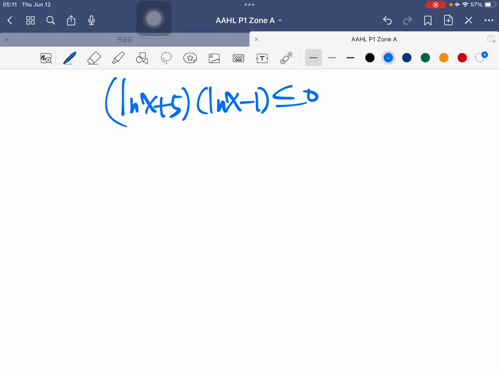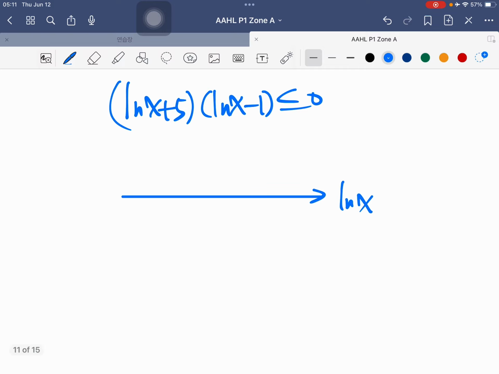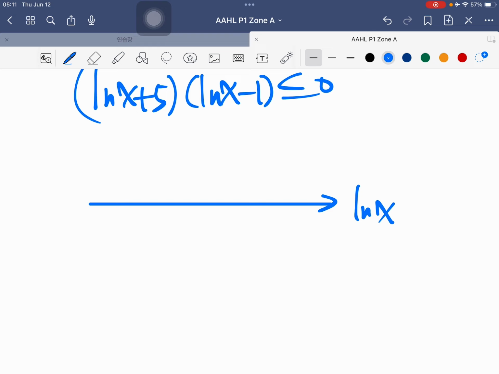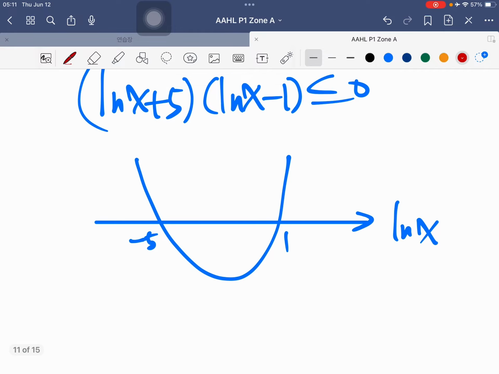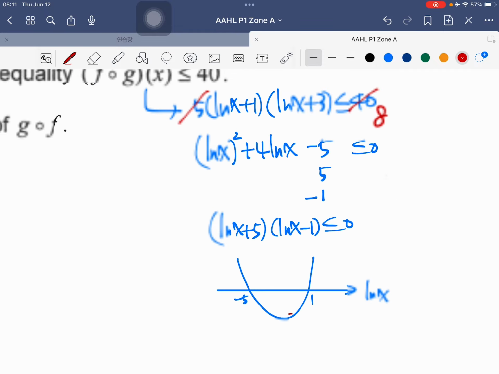So we can draw a sign diagram. This axis we just call ln x. The zeros are negative 5 on the left, and this is a quadratic function above the ln x axis, with a smaller root of negative 5 and a bigger root of 1. We can find that this area is less than 0, or less than 40.